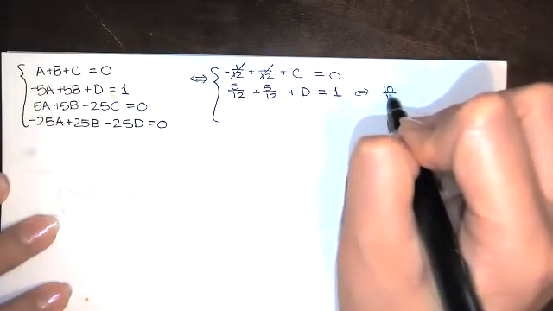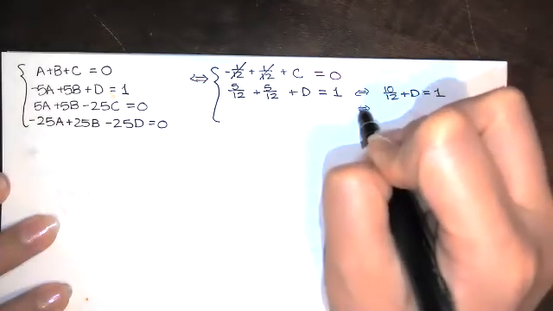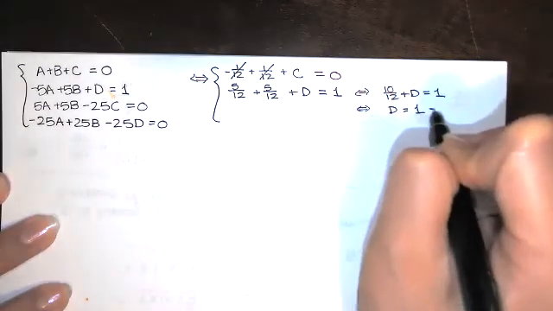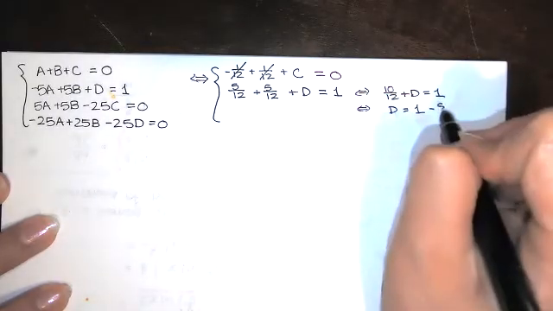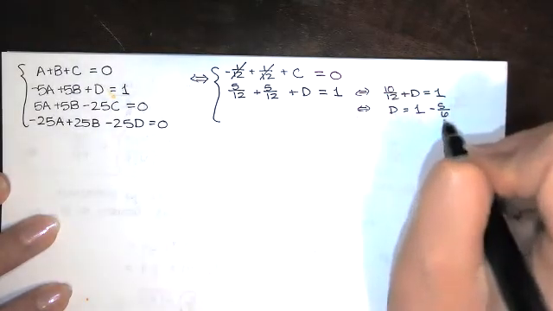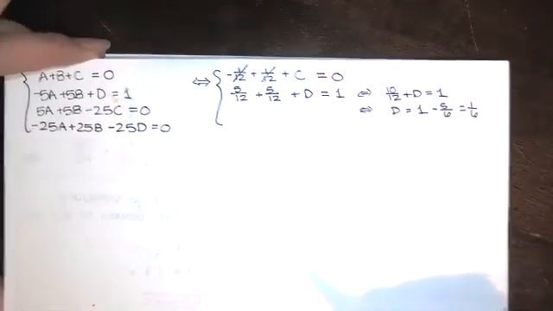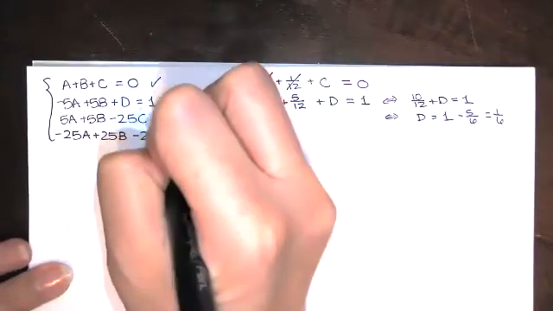So we've got 10/12 plus d equals 1, or d equals 1 minus 10/12, which reduces to 5/6. And that's 6/6 minus 5/6 is 1/6. So d is 1/6.